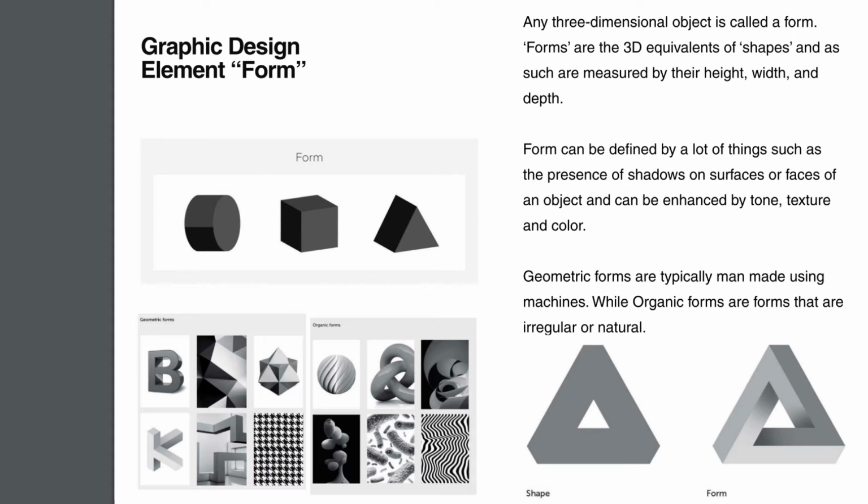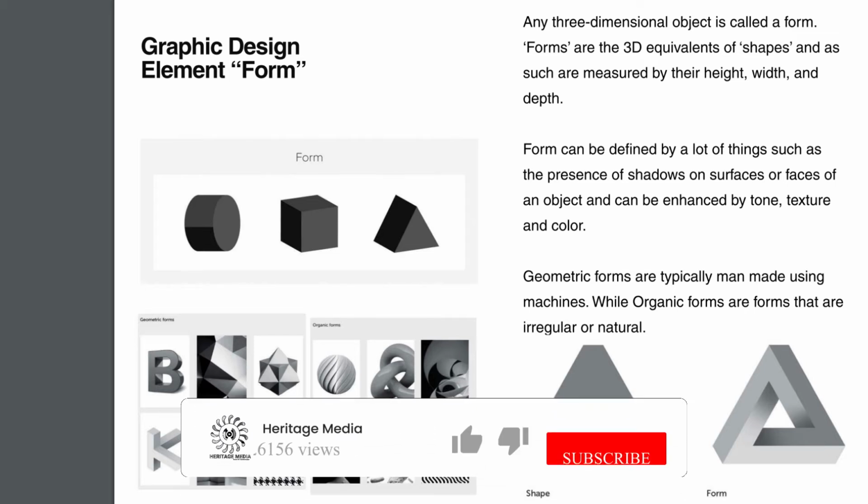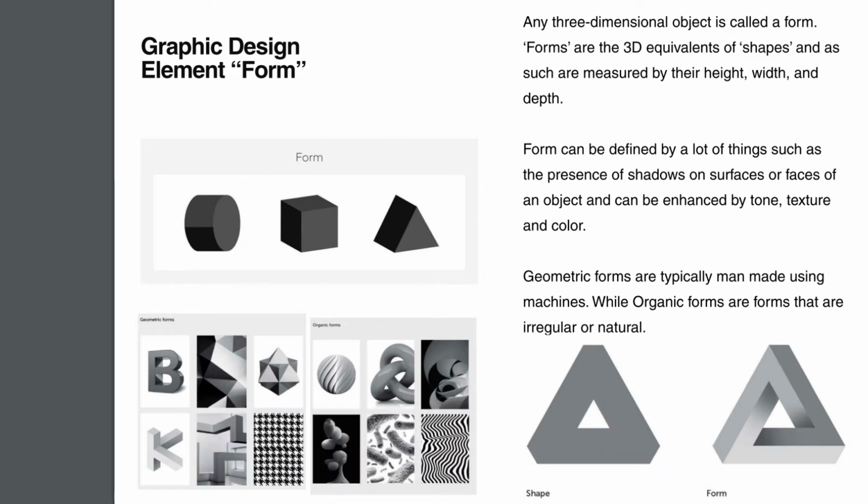Geometric forms are typically man-made using machines, while organic forms are irregular or natural. So we have geometric forms and organic forms. This is an example of a shape, then this is an example of a form. Okay, so let's move on to a graphic design element, color.